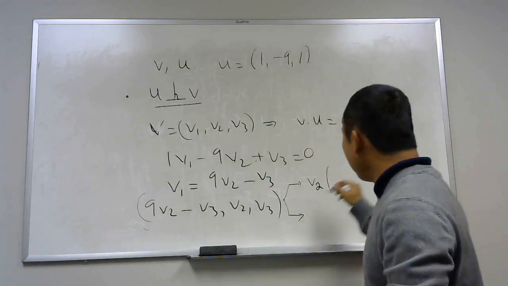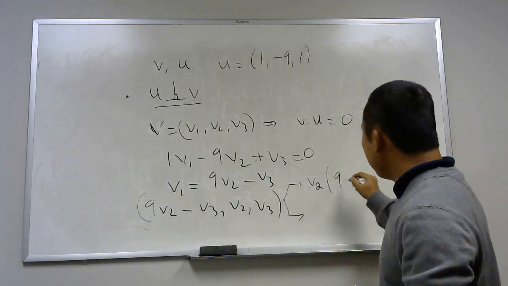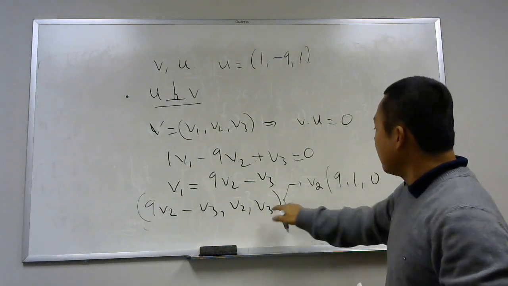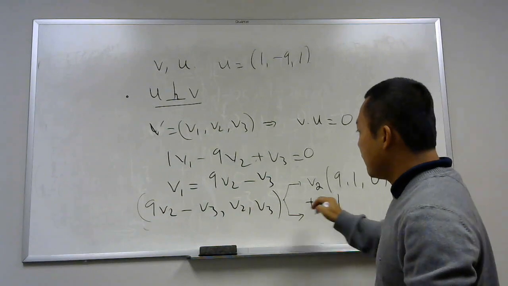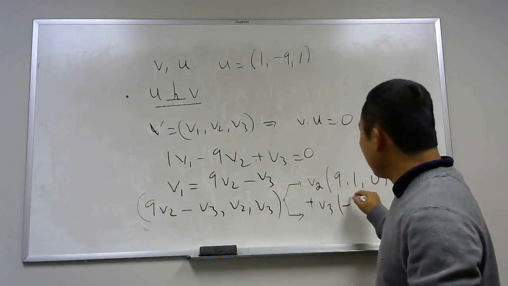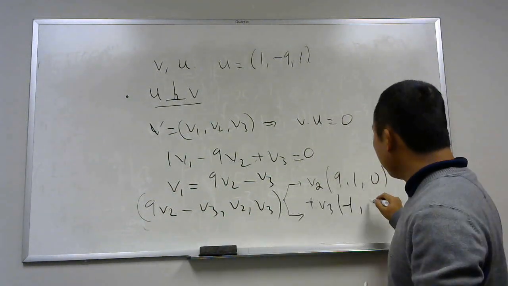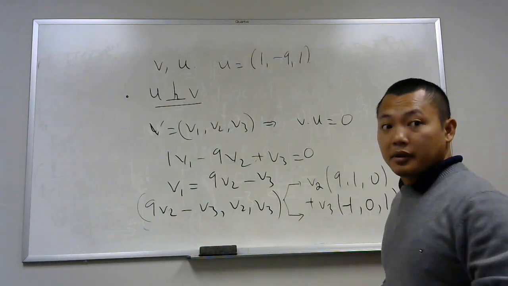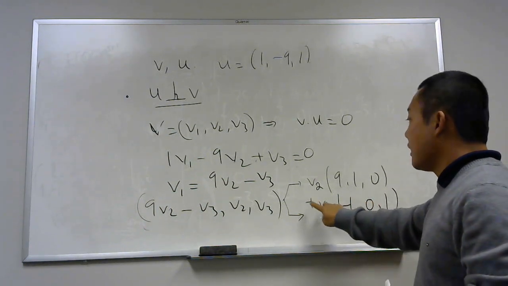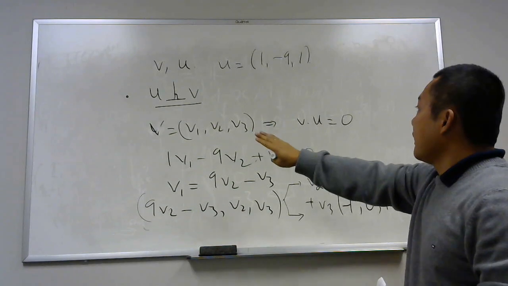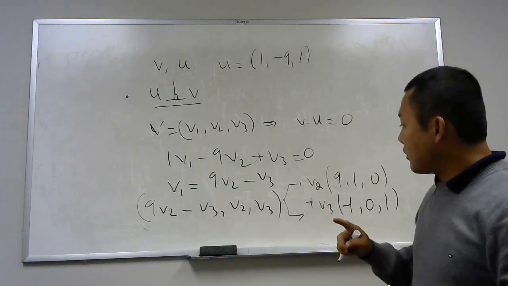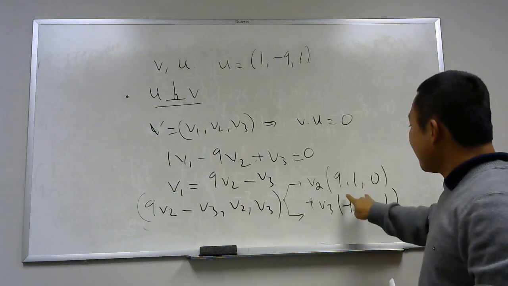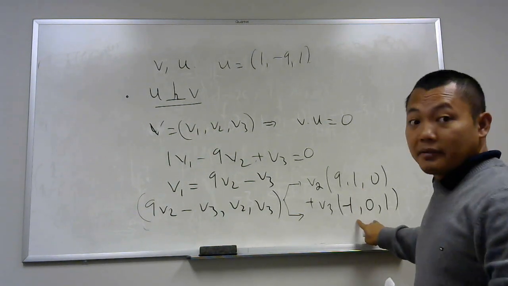For v2 you have coefficient 9 in the first component, 1 in the second, and nothing in the third. For v3 you have negative 1 in the first component, nothing in the second, and 1 in the third. So basically, all vectors v that are orthogonal to u are in the subspace of R3 generated by this vector and this vector. Done.